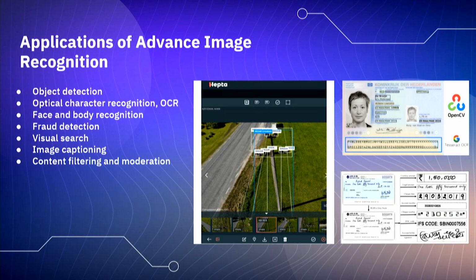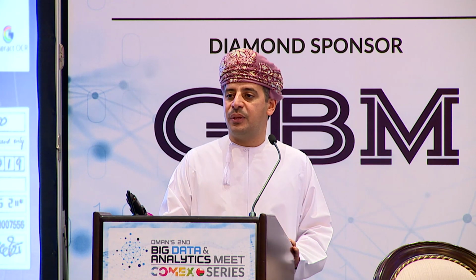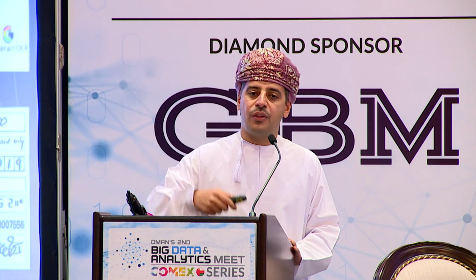Some cameras can even identify you from the back, not just from the front, if you are not wearing an Omani dishdasha, of course, because the Omani dishdasha is very wide. We also have virtual speech, image capturing, and content filtering and moderation, where you can filter internet content, whether at home or at the service provider.